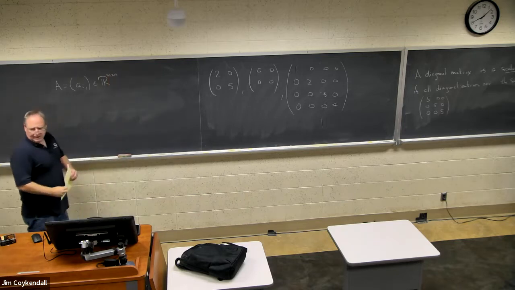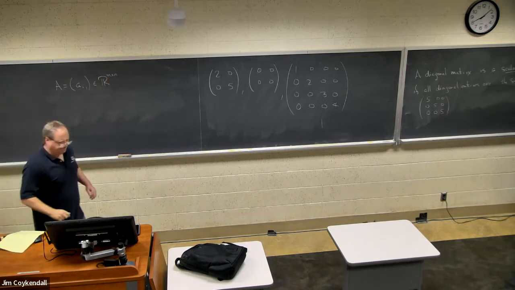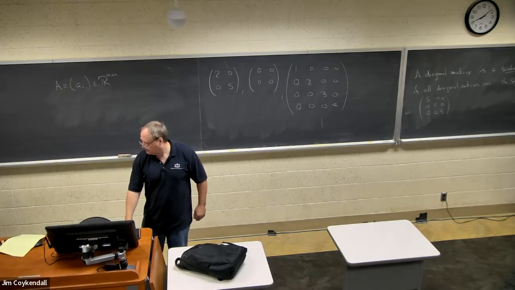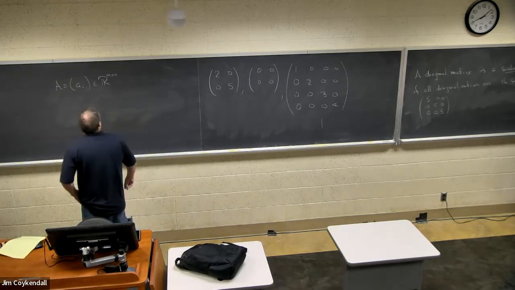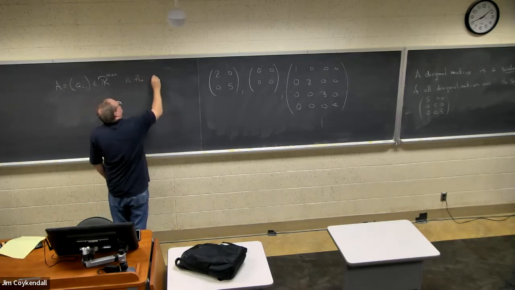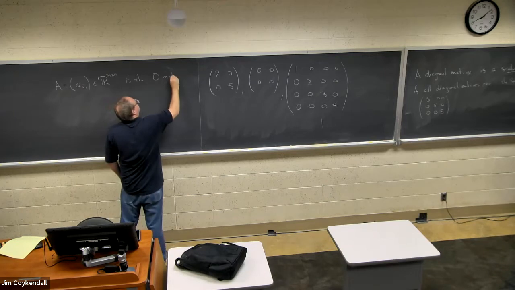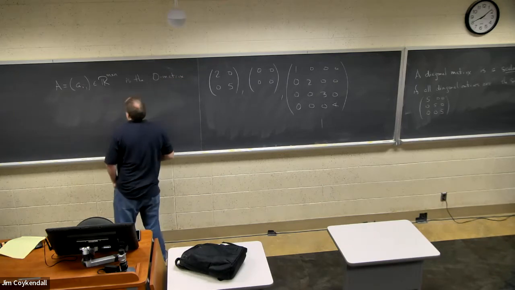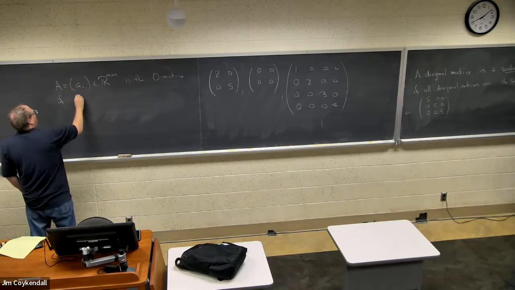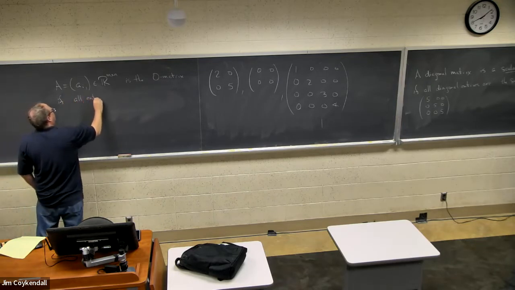So I'm not talking about diagonal anymore, so this matrix doesn't have to be square. A matrix is the zero matrix if all entries are zero.